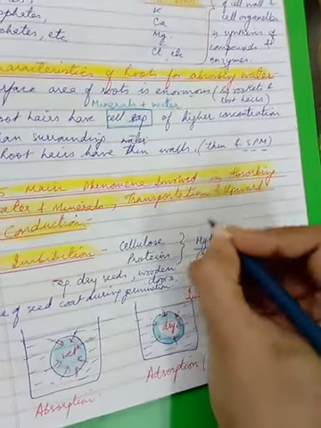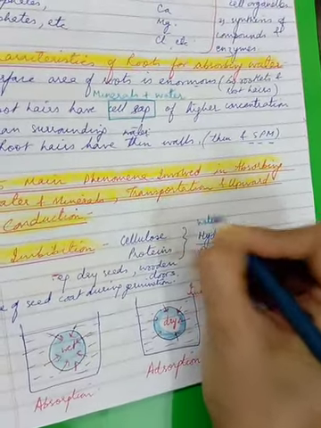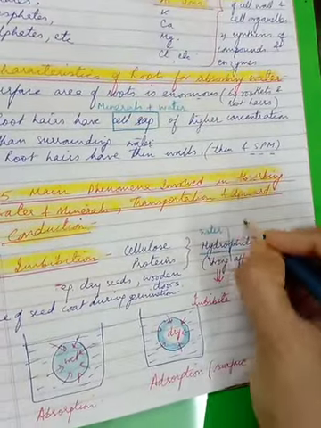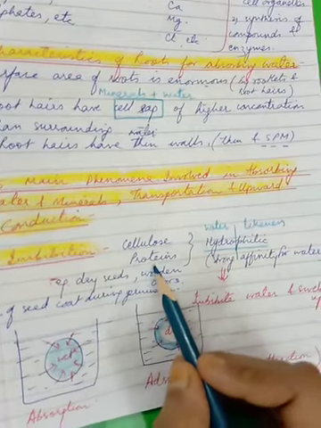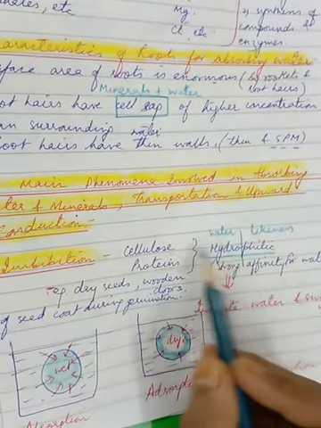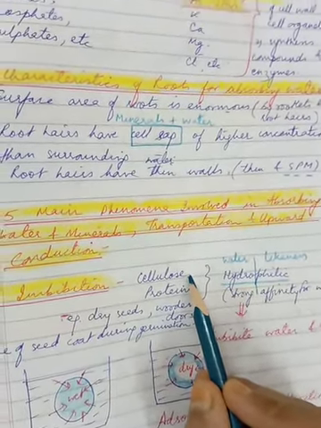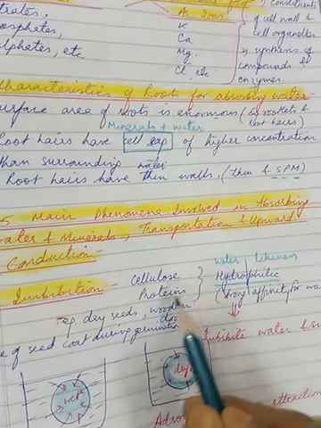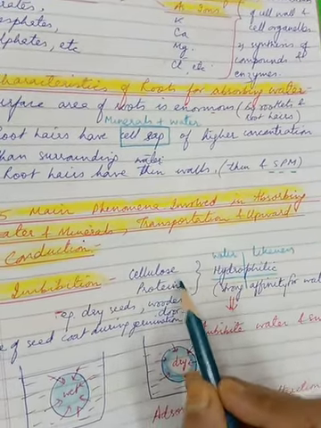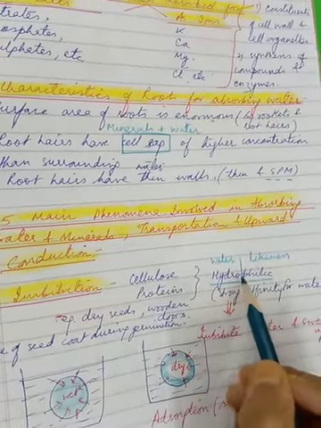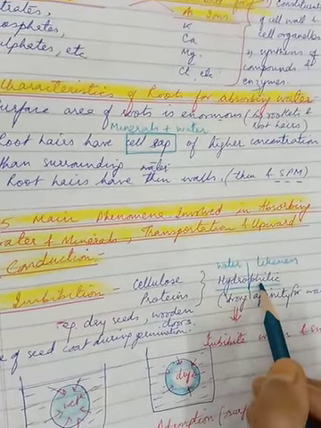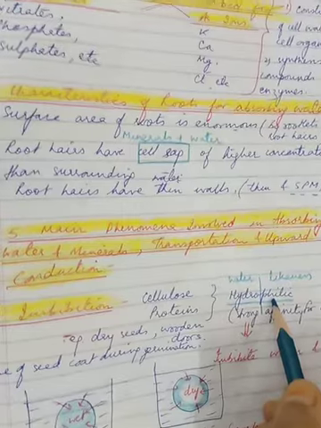Hydro means water and phili means an affinity or likeness for it. That is, these substances have a greater liking towards water. Cellulose, that is found in the cell wall, proteins, made up of amino acids, and dry seeds or wooden doors. The moment they come in contact with water, they start adsorbing it.